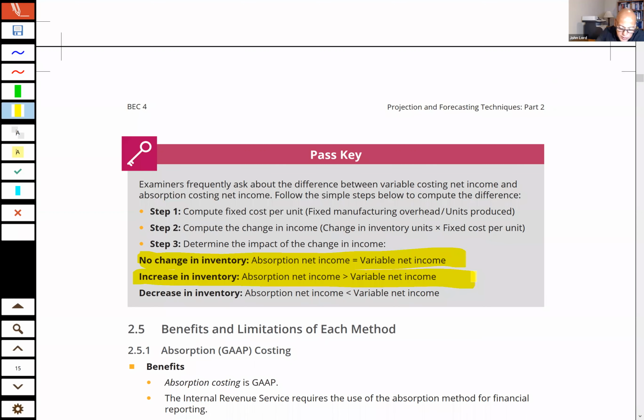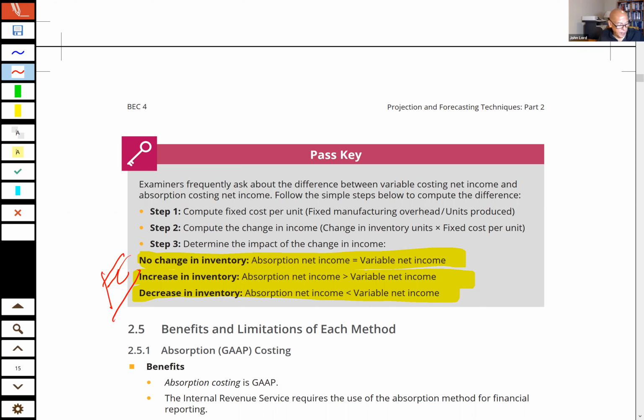If there's a decrease in inventory, absorption's net income is smaller, because now we're taking the fixed manufacturing overhead to the income statement through cost of goods sold when we actually sell those units, whereas under variable we would have taken it in a previous period. So go ahead and flashcard that.